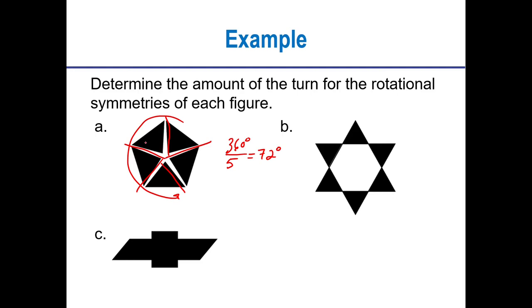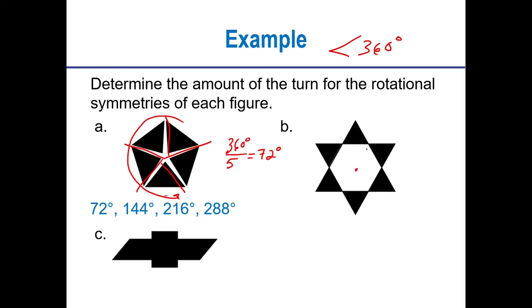But we can do this multiple times. I can add 72 degrees to itself once to get 144 degrees, twice to get 216 degrees, and 4 times to get 288 degrees. Now remember, rotational symmetries have to be less than 360 degrees, so we cannot add 72 more degrees to 288 because it will give us 360 degrees.